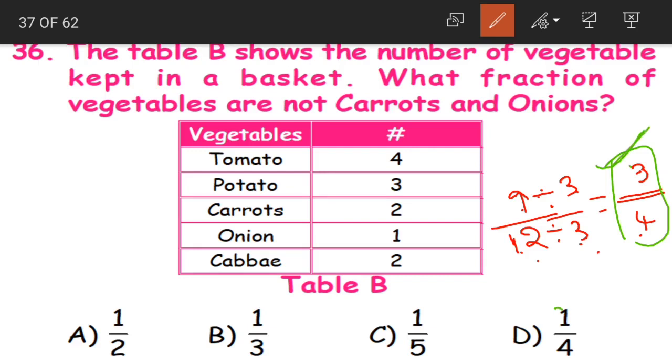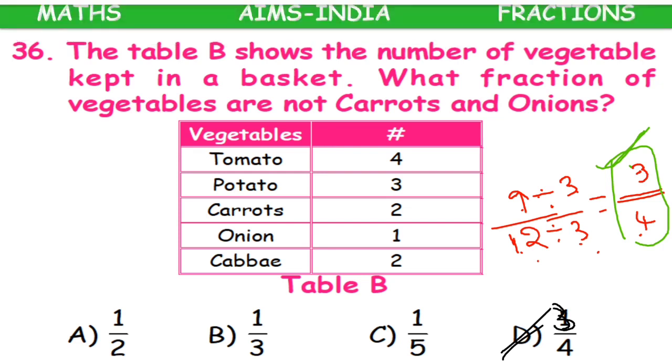Okay. So if we make option D as 3 by 4, let me erase this and write neatly. Yes. If we make option D as 3 by 4, option D becomes our correct answer, children. So there is no other possibility. It is the only equivalent fraction that we can get. Sometimes a mistake might be given in the exam.